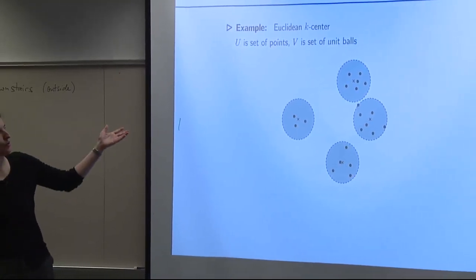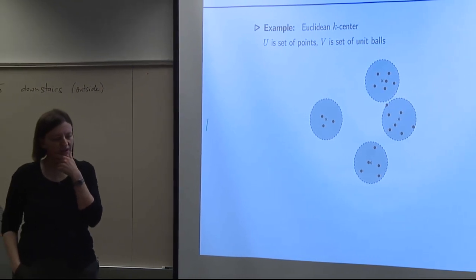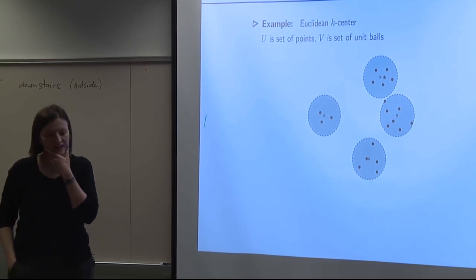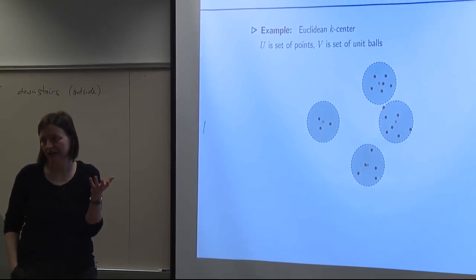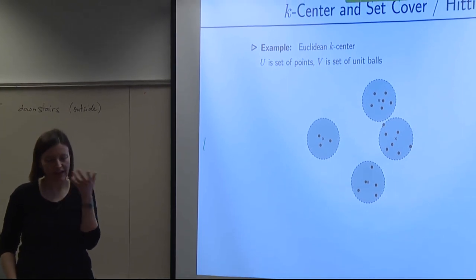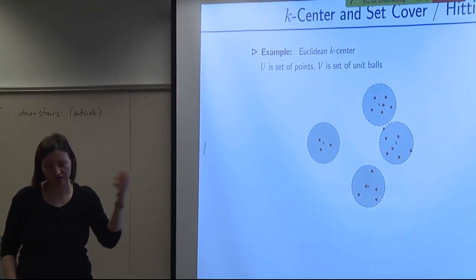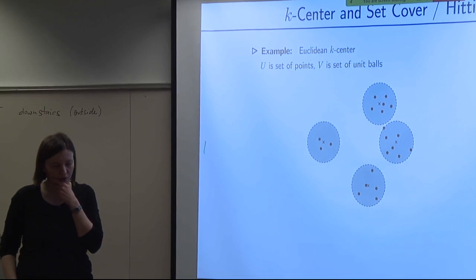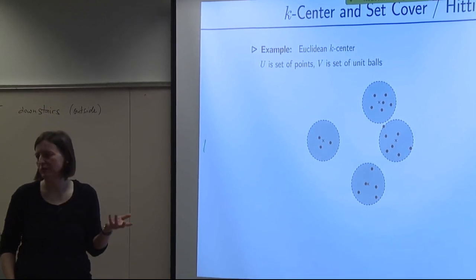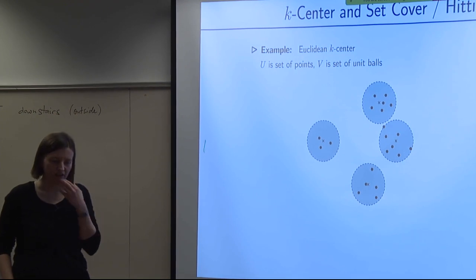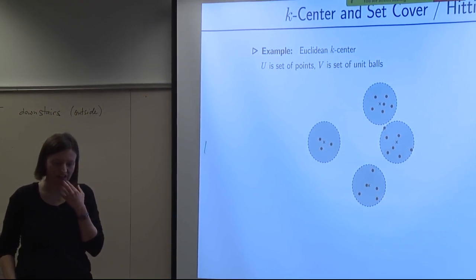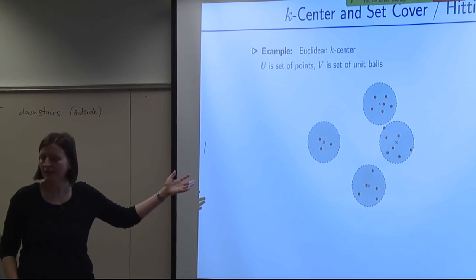So you can go back to the Euclidean k-center problem. If you fix k, you look at the decision problem, that's set cover: I fix k and fix the radius R, so it's a decision problem. Then you have all of those balls of radius R, and you want to cover all your input. It's not a finite set system because you can choose your centers anywhere in the plane.